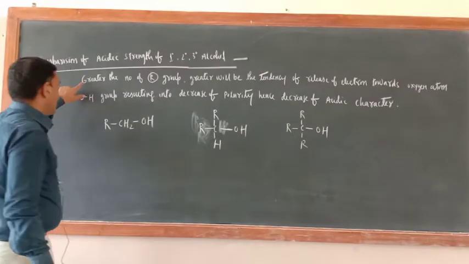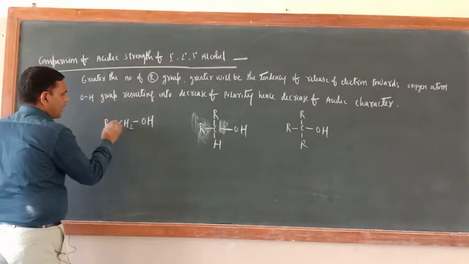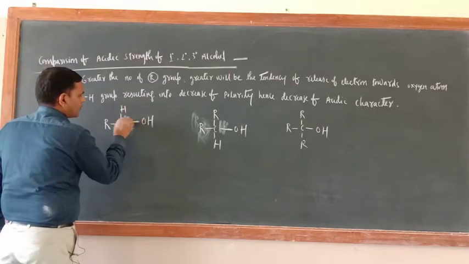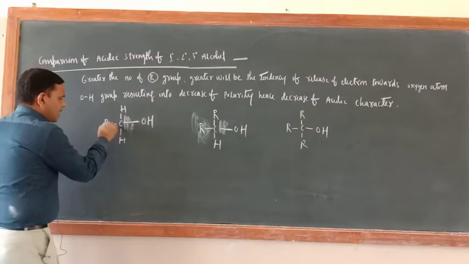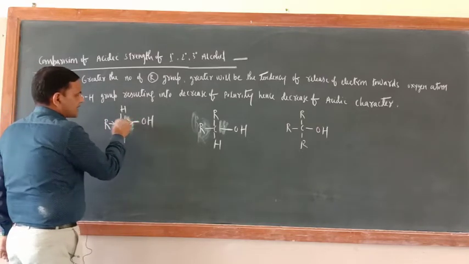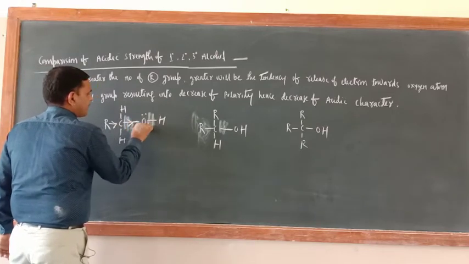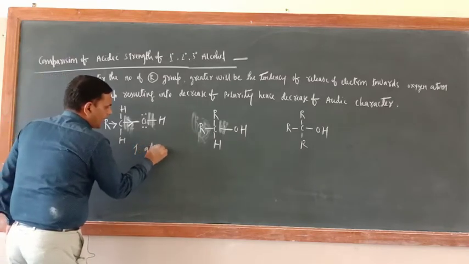See, the answer is written here. The greater the number of R groups, and the R group is known for plus I effect, the more this R group will increase the electron density at this oxygen atom. So in 1 degree alcohol only 1 R group is there.